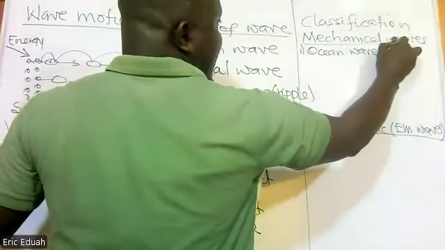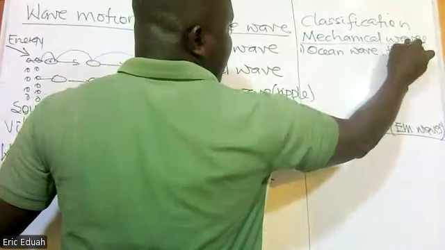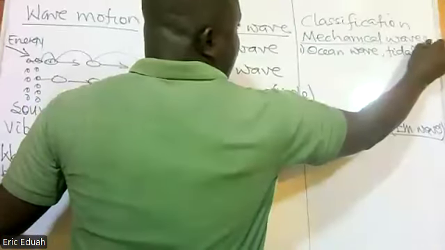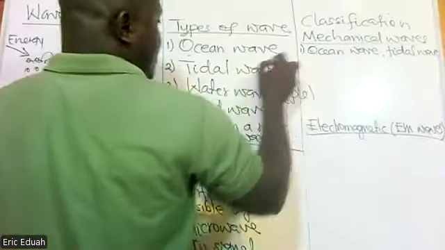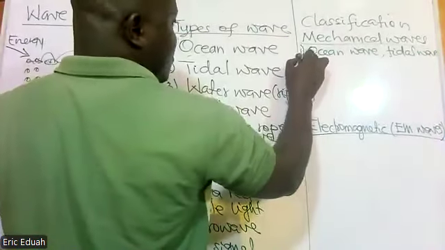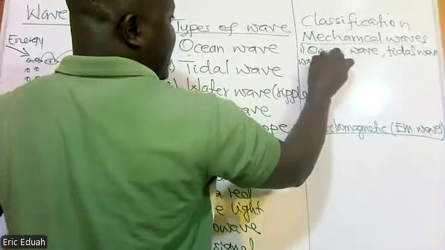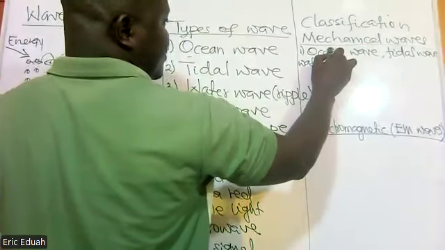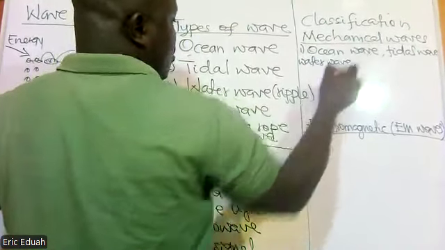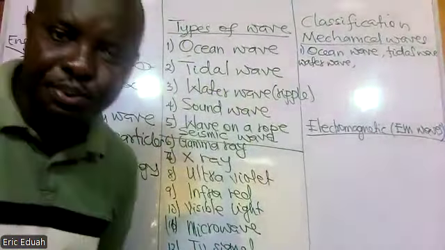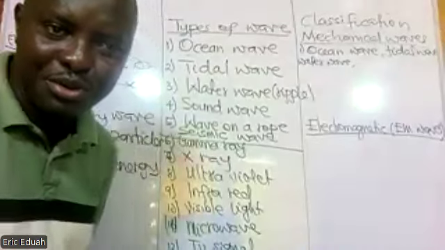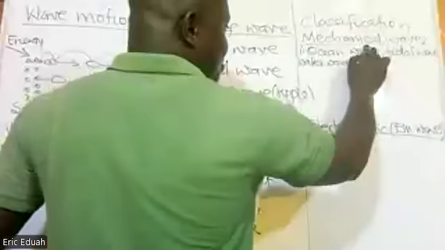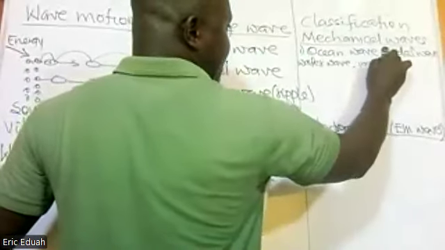Clearly, tidal wave will also be here. Then water wave would also be under this classification. What will be wave on a rope if there is no rope? Okay, so wave on a rope will be here.